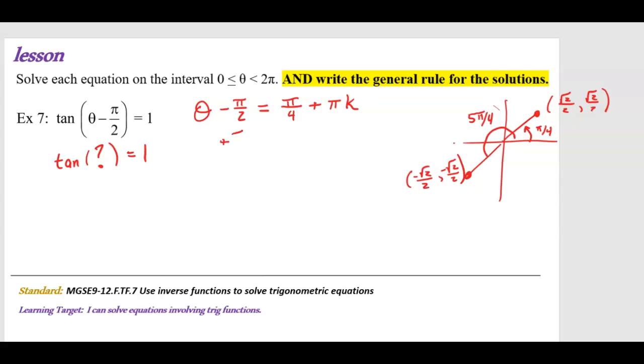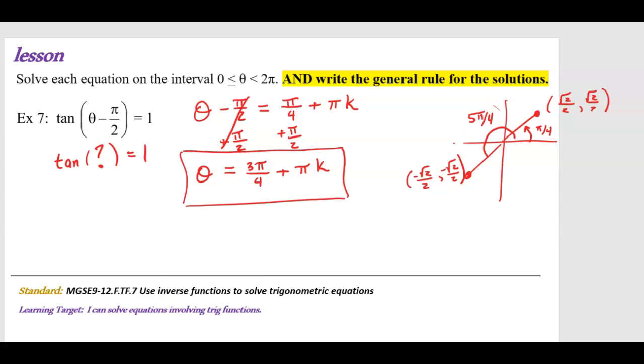So I'm going to add pi over 2 on both sides of the equation. Theta equals pi over 4 plus pi over 2, which is 3 pi over 4, plus pi k. That is the one and only general rule in this problem.